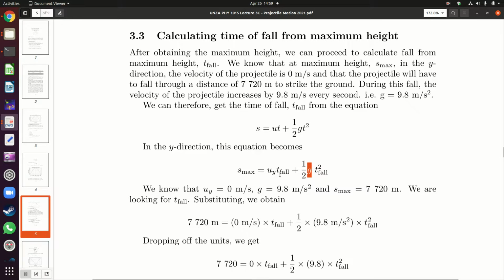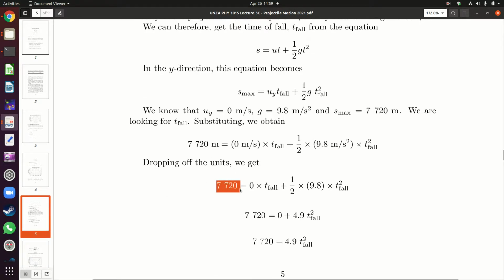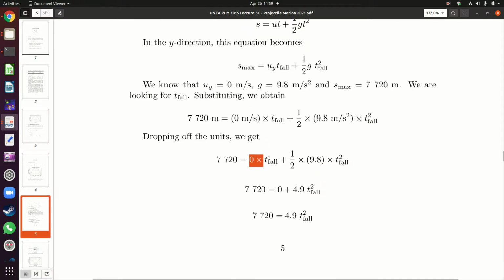So when we make substitutions, you end up with 7,720 meters equals 0 meters per second times t4, the fall time, plus half times 9.8, which is acceleration due to gravity, times t4 squared. When you drop the units, you end up with 7,720 equals 0 times t4 plus half times 9.8 times t4 squared. So 0 times t4 gives you 0.